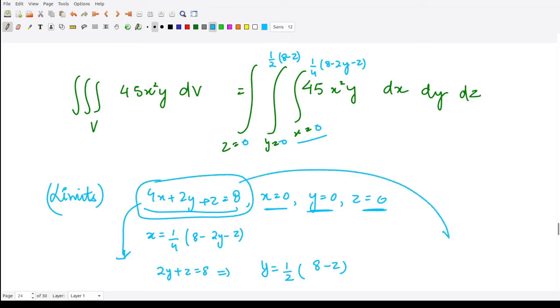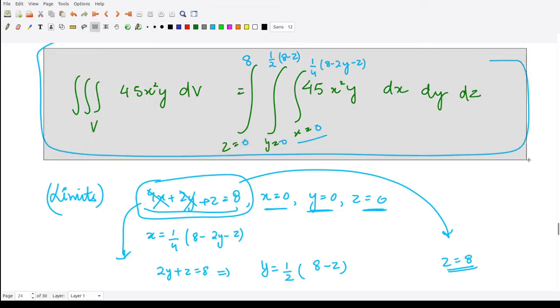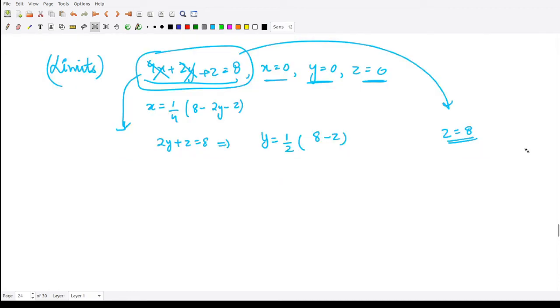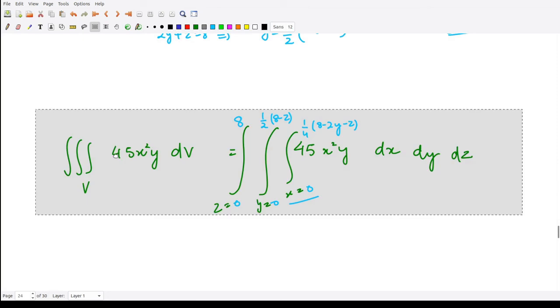So from this equation I do not want x and do not want y, so I want z is equal to 8. So my upper limit for z is equal to 8. So this is the integral that I wanted to solve now. So let's solve this particular integral.